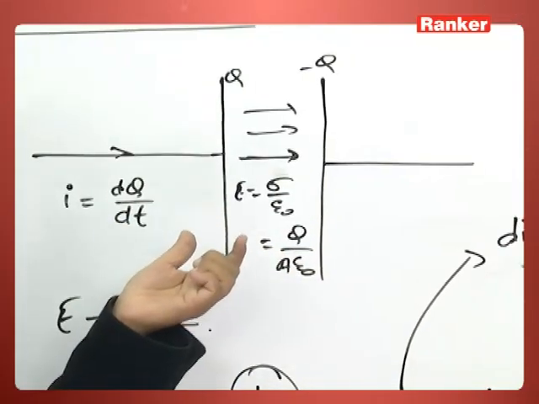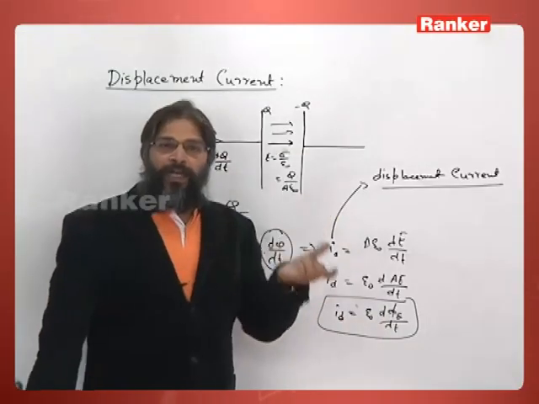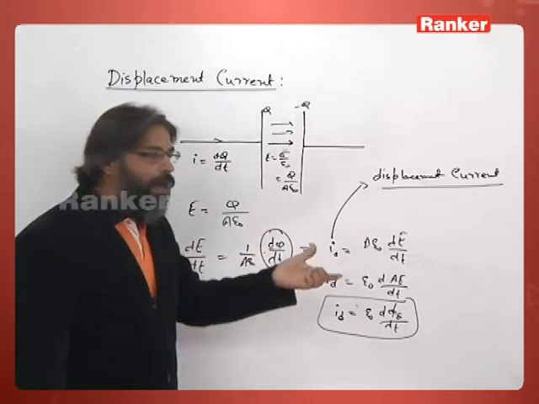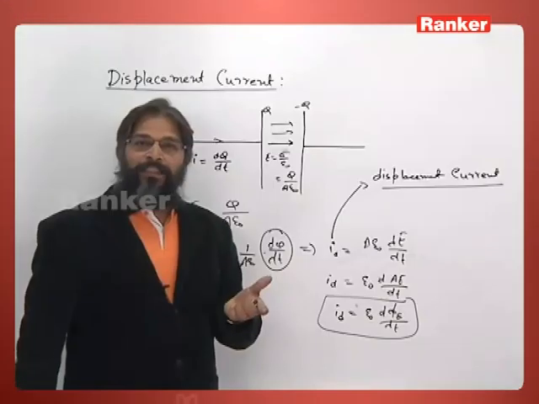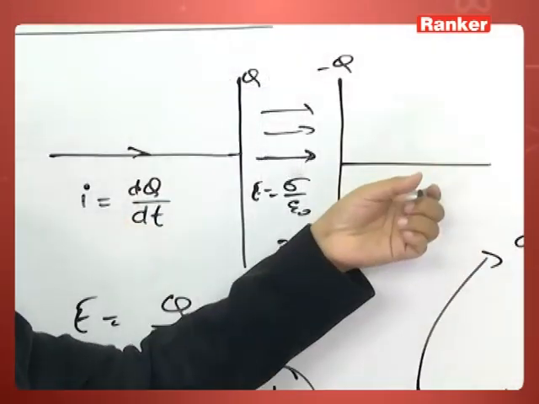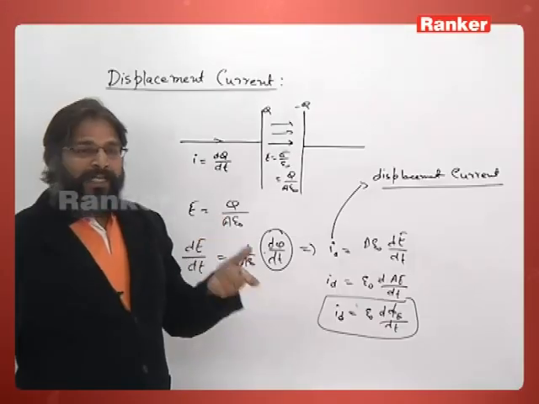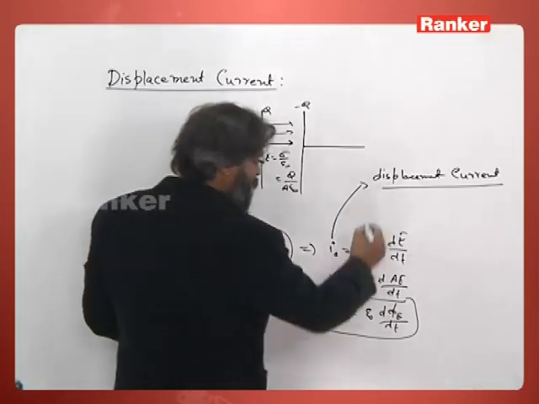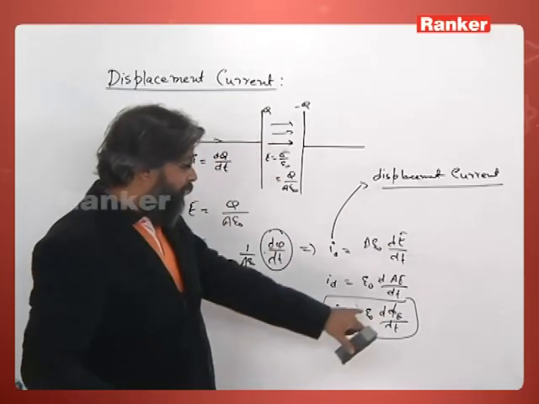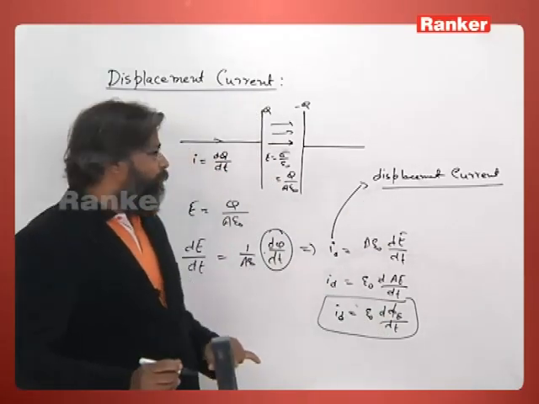Now the changing electric field is capable of producing magnetic field as the field produced by a conduction current. So we call this displacement current, epsilon naught d phi E by dt.